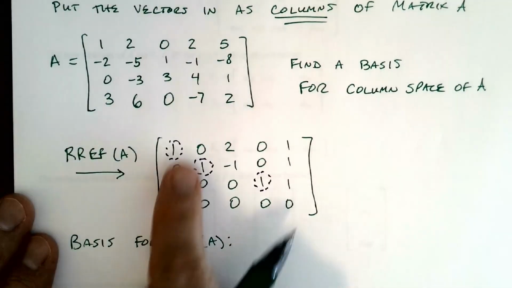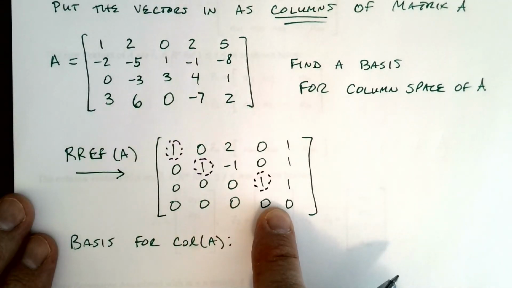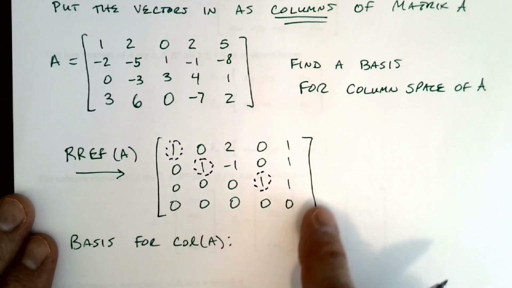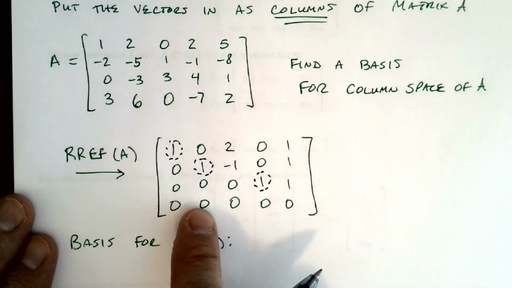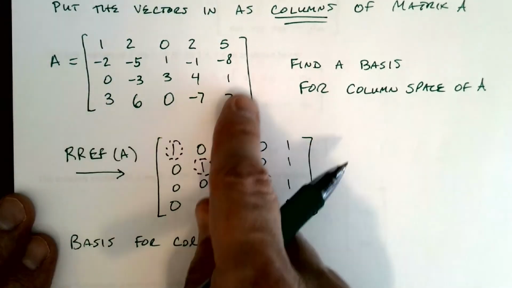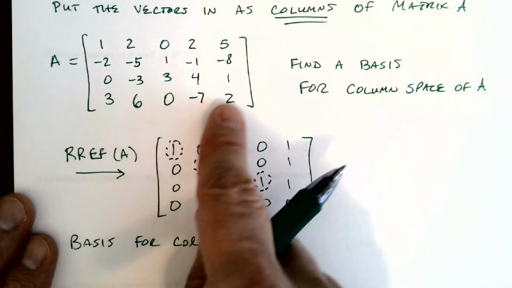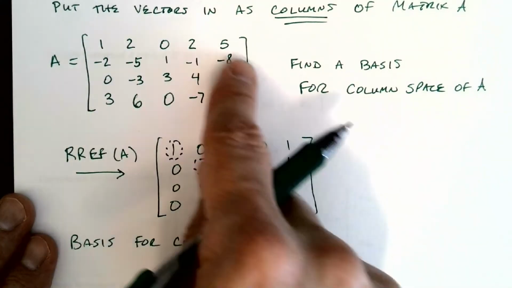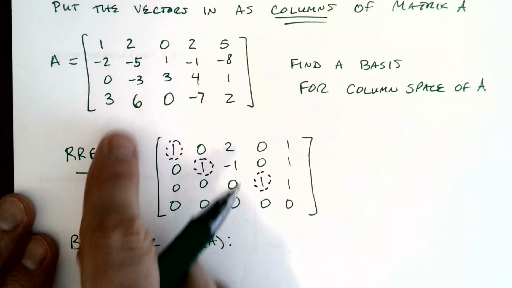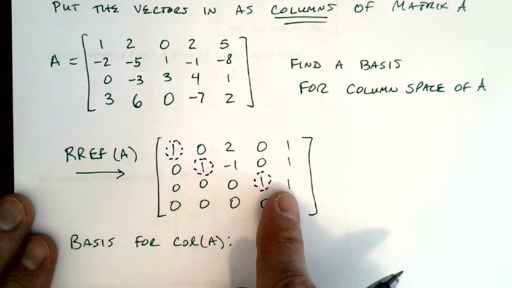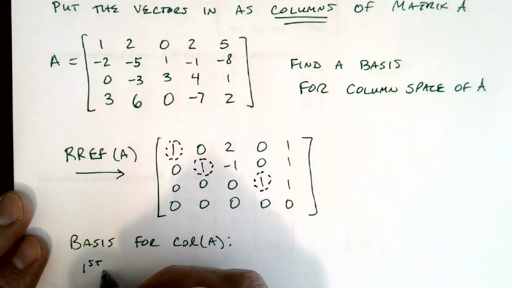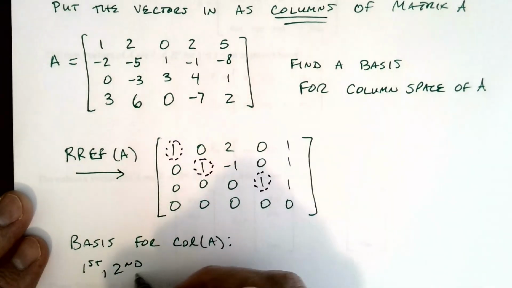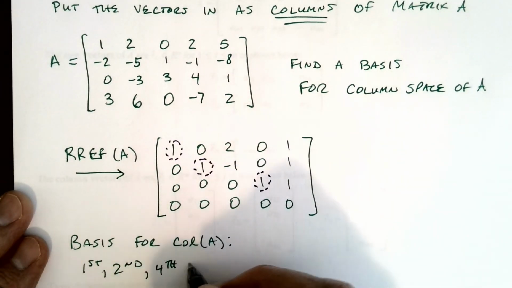Is it these 3 columns where the leading ones are? No. That would be a basis for the column space of this matrix, right? But remember, it's not necessarily, and in fact it can't be, a basis for the column space of our matrix A, which is what we're looking for, right? What is it though? The corresponding columns, right? So it's going to be the first, second, and fourth columns of A.